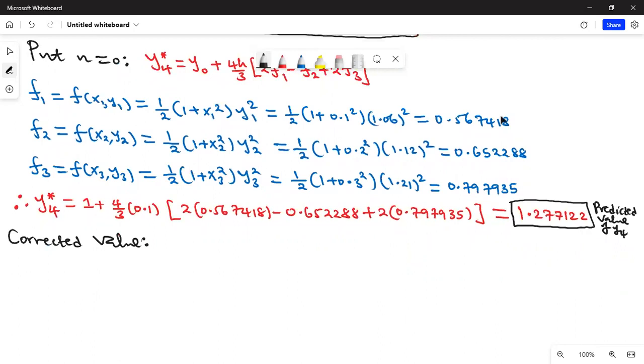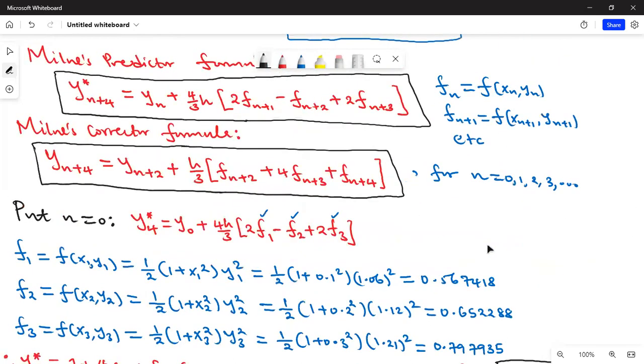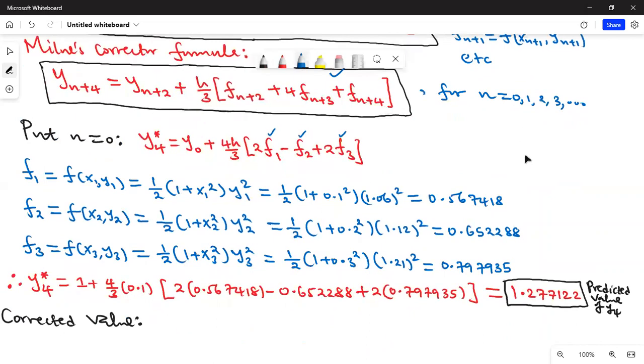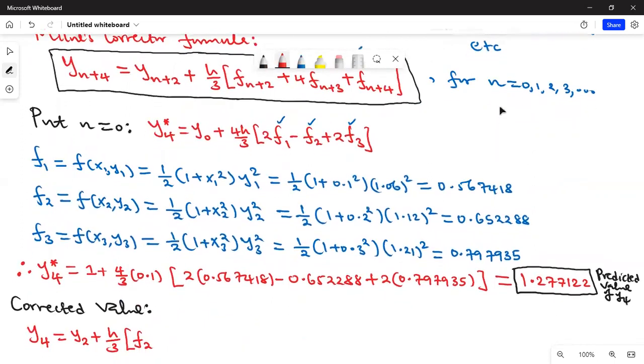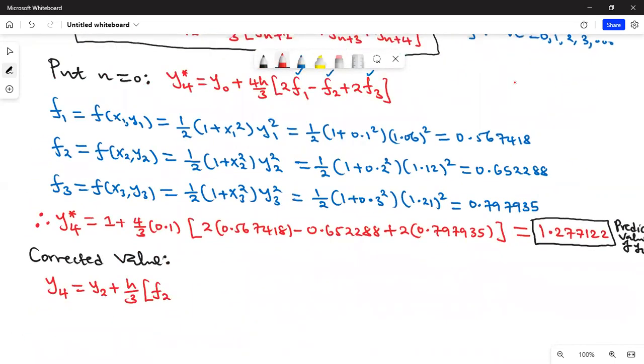So the corrected value, when n is 0, we substitute into this formula so that we get y4. So that will give us y4 is equals to y2 plus h over 3 into f2 plus 4 f3 plus f4.